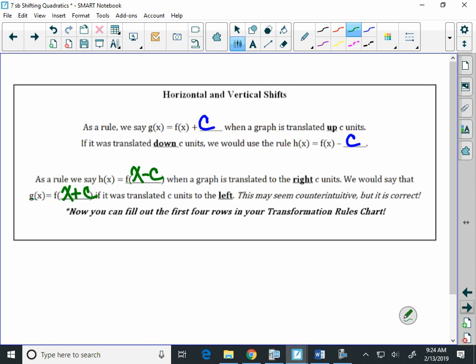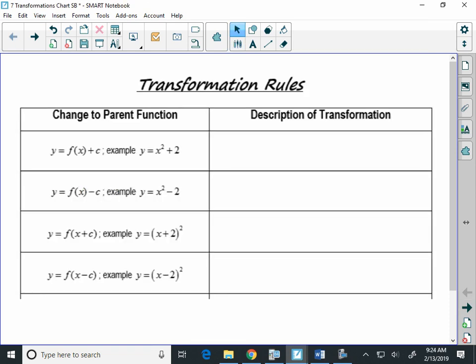If you take out that second piece of paper that I handed out, it looks like this. Let's fill in the first 4 today of the different transformations. And again, remember what we're working with: we're only working with up, down, right, left.